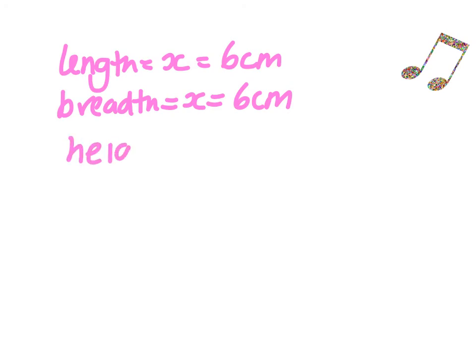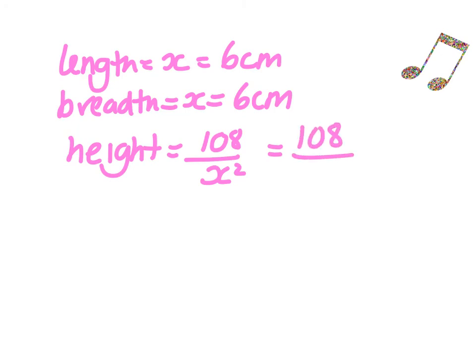Now for the height, we're going to go back and look at what we did in part A when we rearranged the volume, and we came up with an expression for h, which was 108 divided by x squared, which in this case is 108 divided by 6 squared, which is 36, and that is 3.